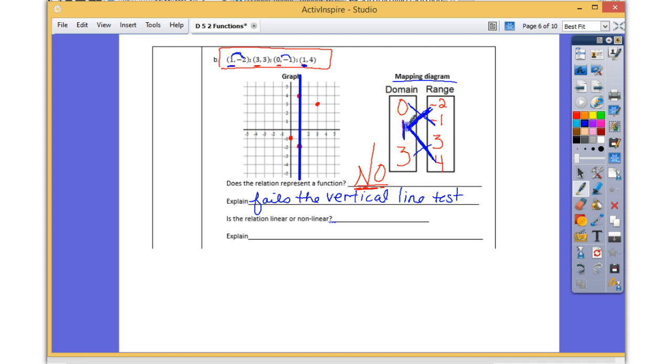The domain repeated. You cannot have 2 outputs per 1 input. You can only have 1 for each. So this repeats, and because the domain, or the x in parentheses, because that's your x coordinate, repeats.